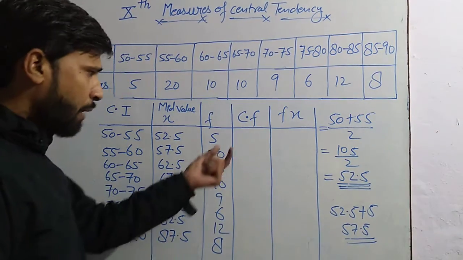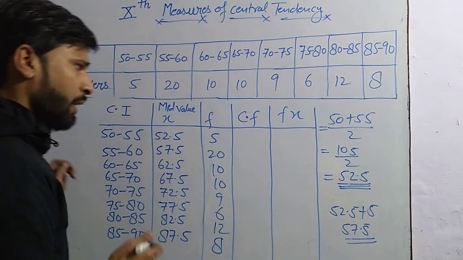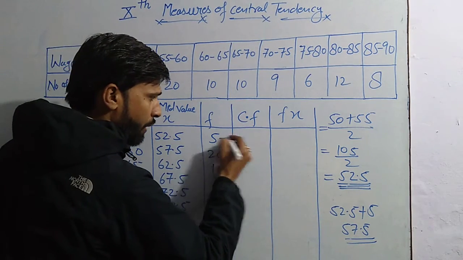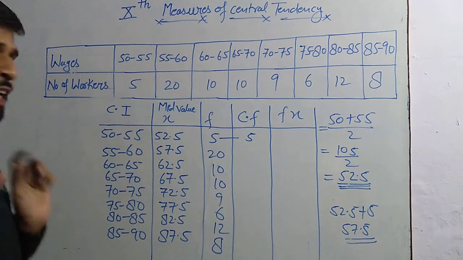Now we have to write the cumulative frequency for the given data. For cumulative frequency we write 5 in the same place, there is no change.